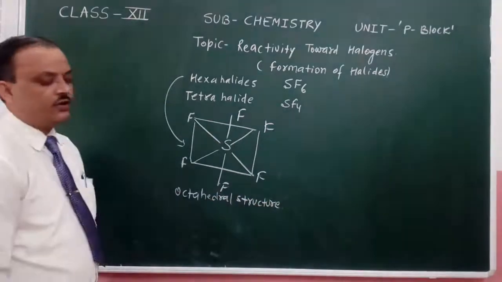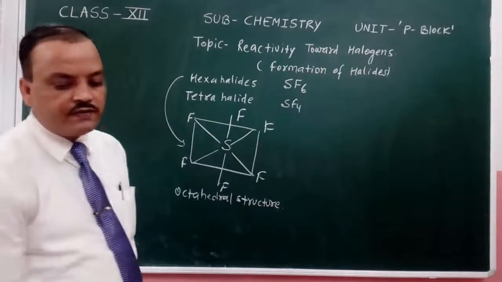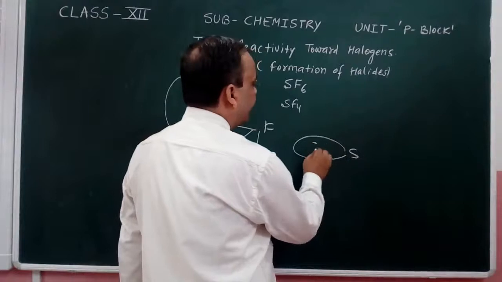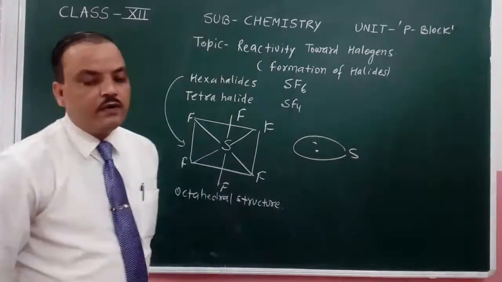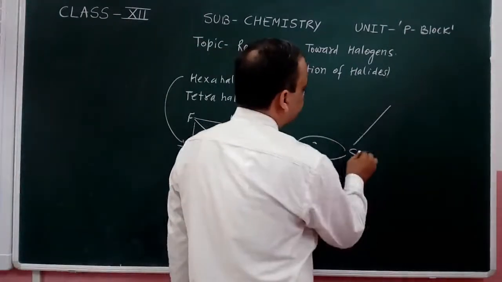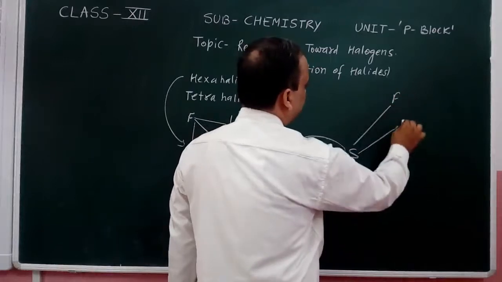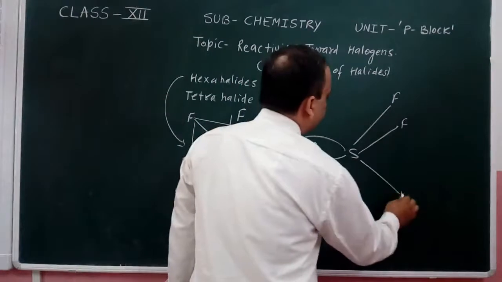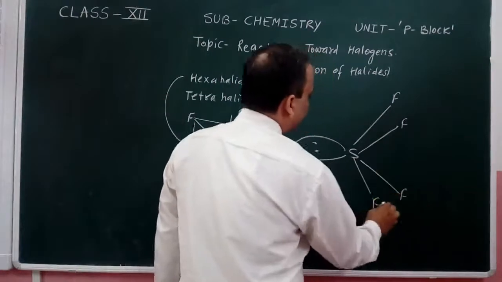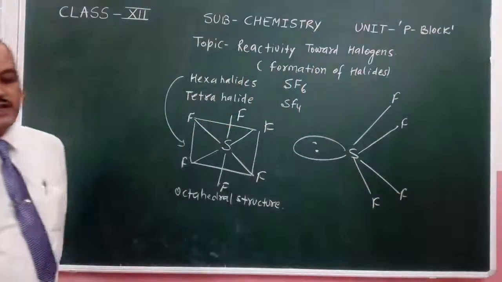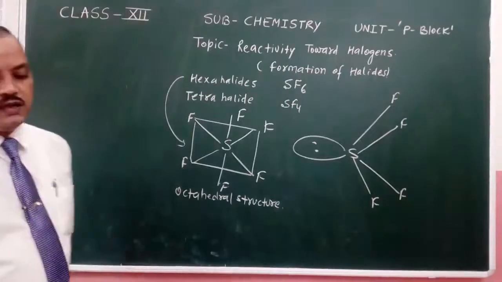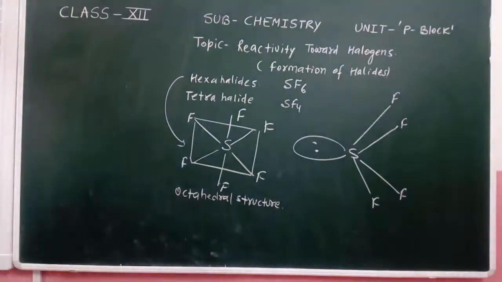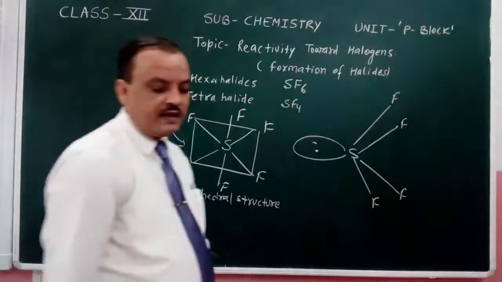In case of SF4, we have this kind of arrangement of fluorine atoms, and this is another arrangement, that is a trigonal pyramidal structure.